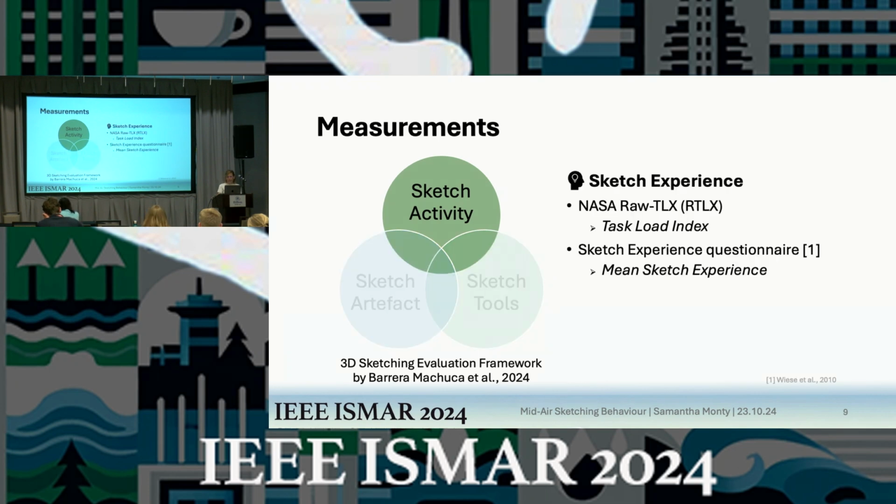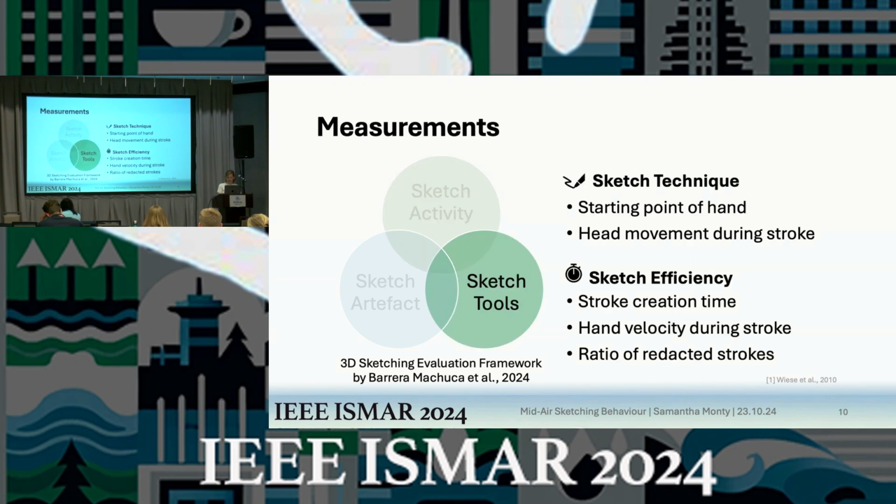To assess the sketch activity, we consider the total sketch experience with 2 questionnaires. We administer the NASA raw TLX to measure a perceived workload with the mean task load index. And we also developed a sketch experience questionnaire that considers the category system developed by Weiss et al.